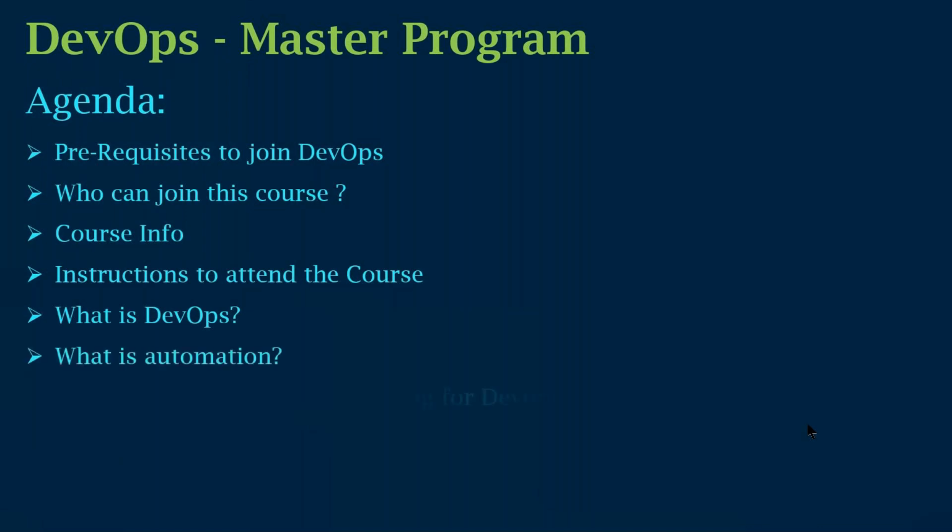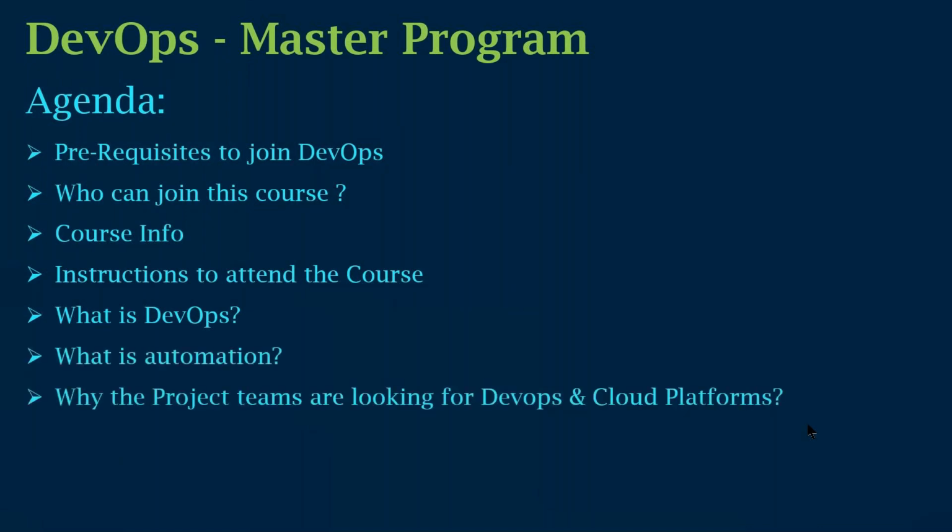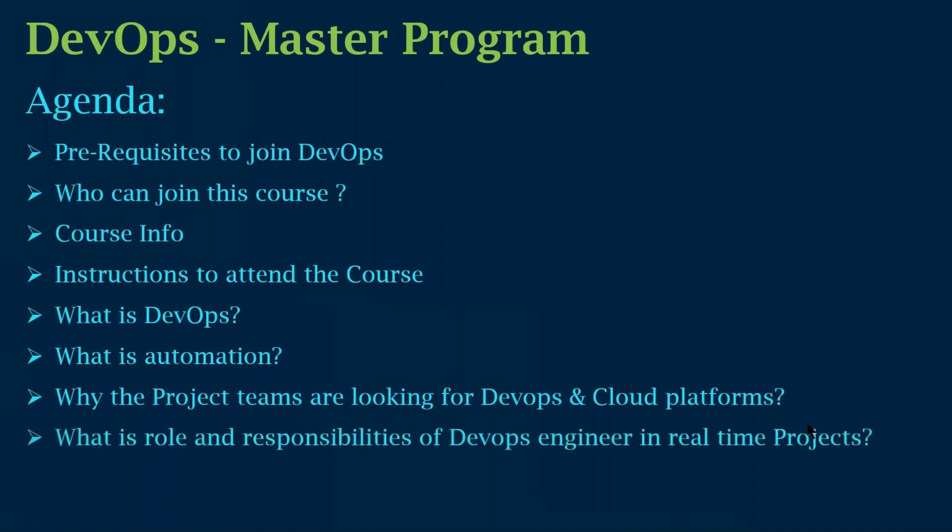What is automation? Why are the project teams looking for DevOps and cloud platforms? What are the roles and responsibilities of a DevOps engineer in real-time projects, and also the SDLC process. These are all very important before learning tools. Let's go with one by one.